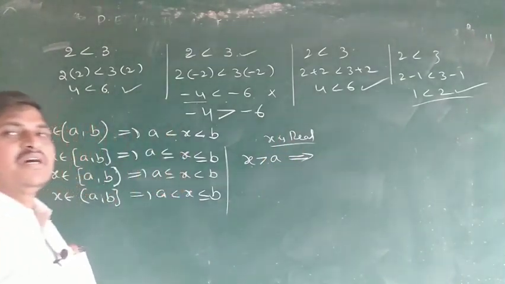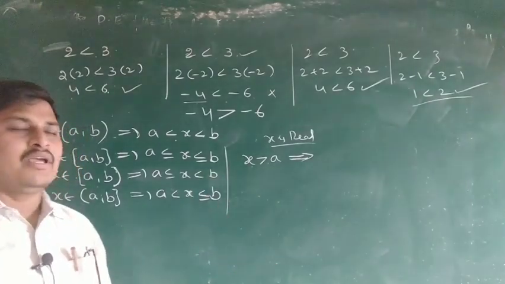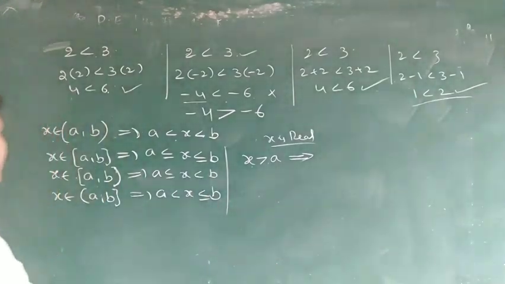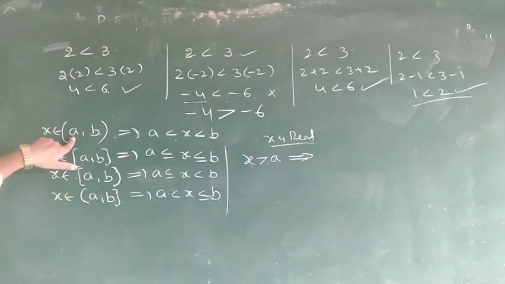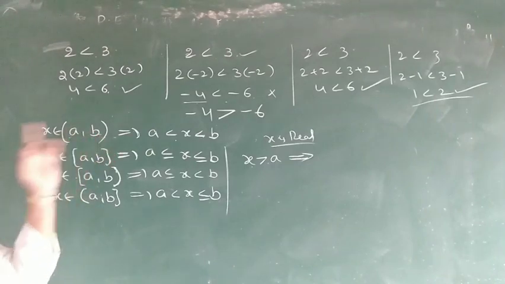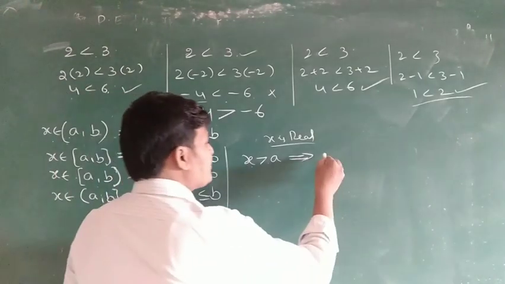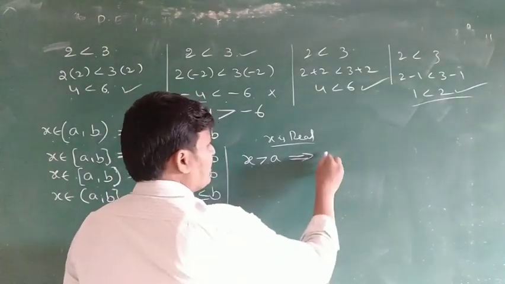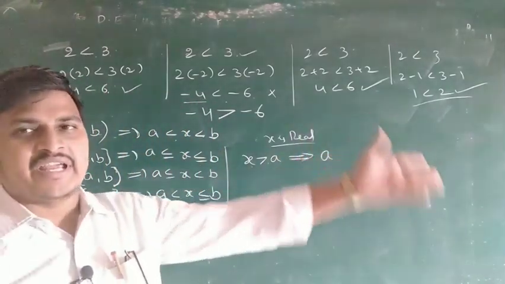Greater than a means above a, not a itself. Above means, as in the open interval (a, b) or closed interval [a, b], the numbers start with a and end with b, starting minimum, maximum. So x greater than a means above a, not a. Above a means after a.